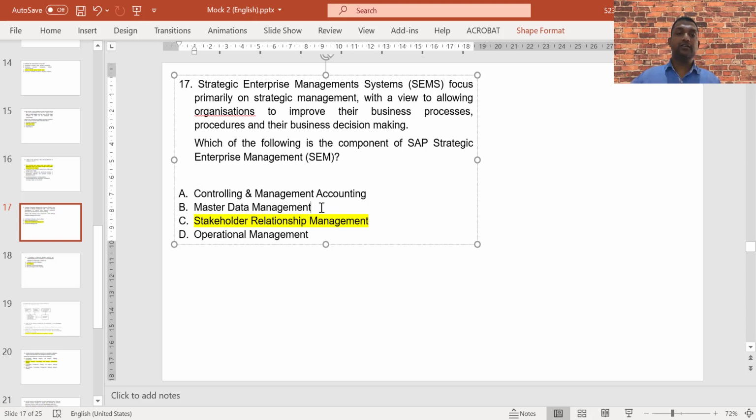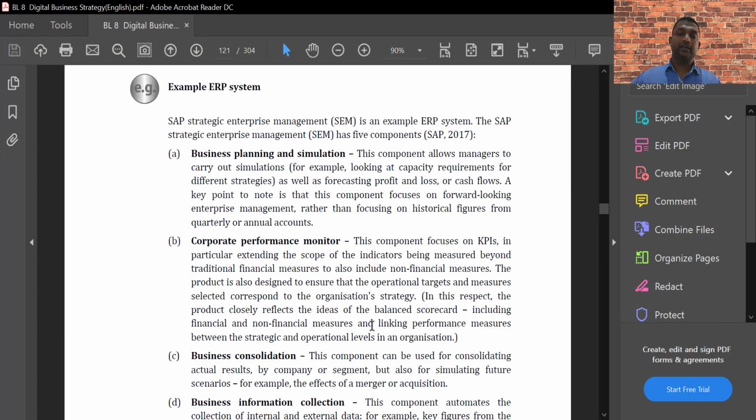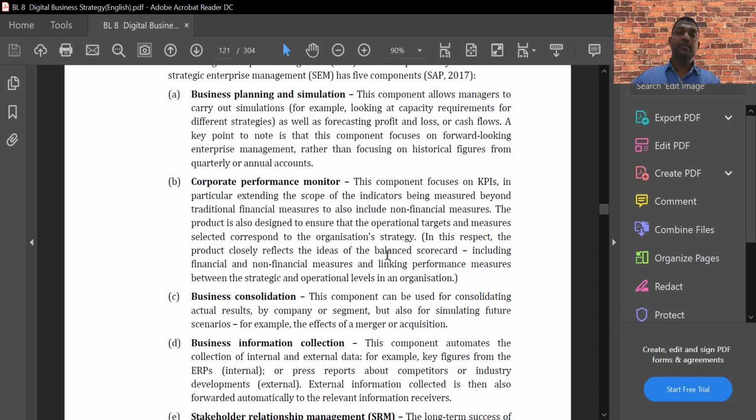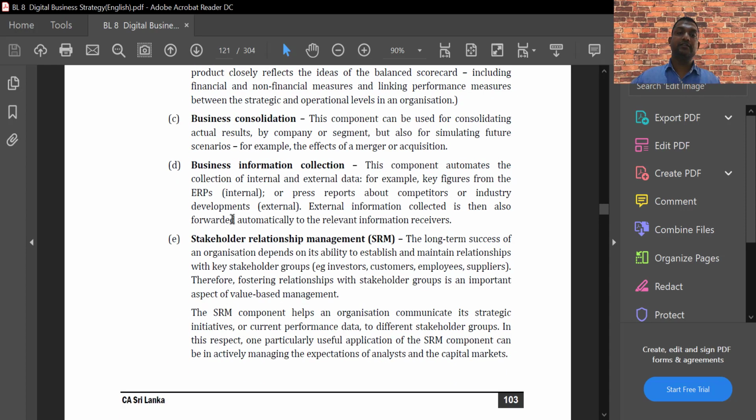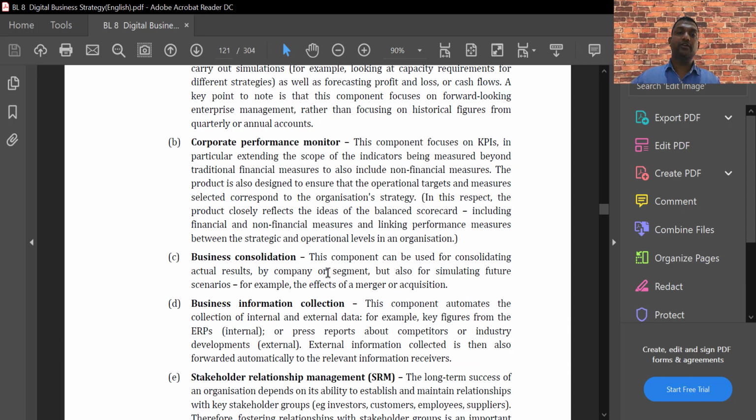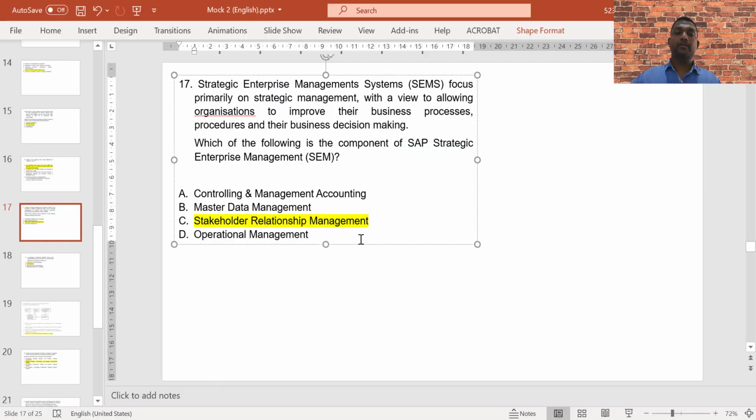In the ERP, master data management, operational management is available, and controlling and management accounting is also available. Strategic enterprise management is all about having the strategy in place for the organization and using SAP to do that, and that is different. So these are the 5 components. So the answer C is the correct answer.